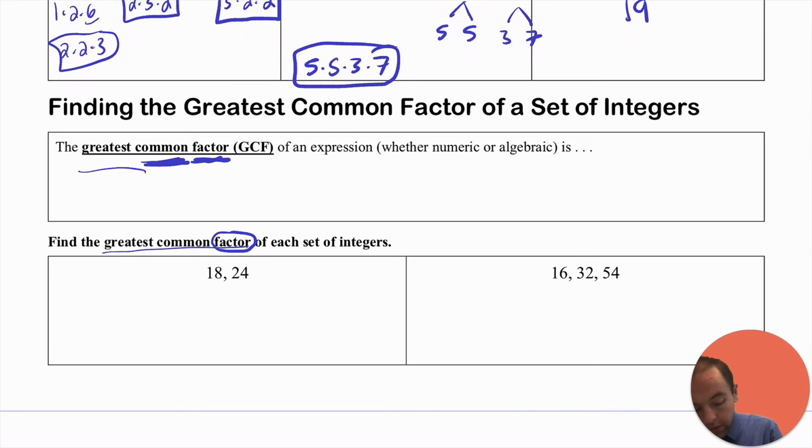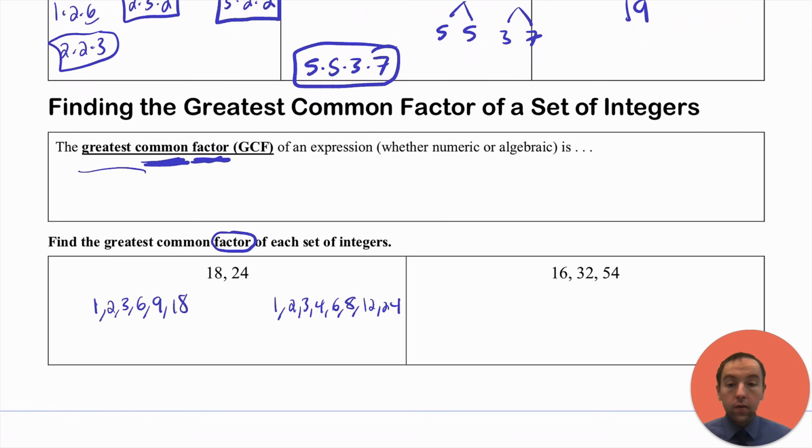And then find the one that's the greatest. So the factors of 18 turn out to be 1, 2, 3, 6, 9, and 18, because 1 times 18, 2 times 9, and 3 times 6. And for 24, it turns out to be 1, 2, 3, 4, 6, 8, 12, and 24.